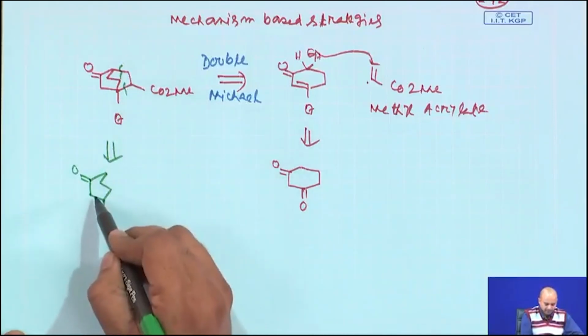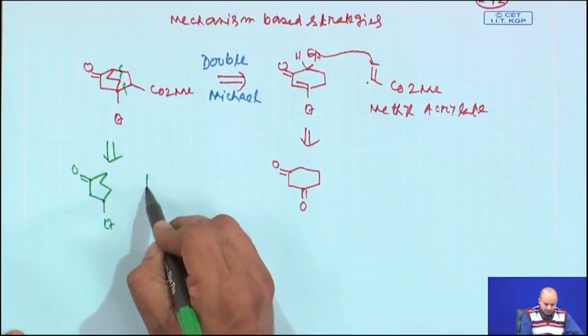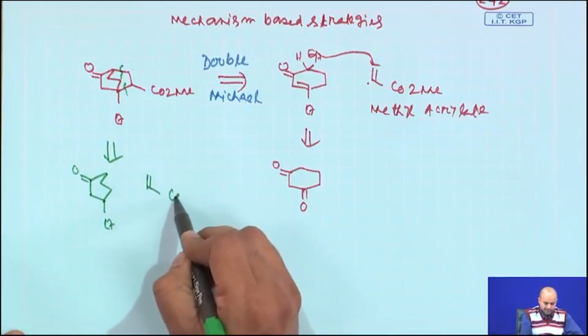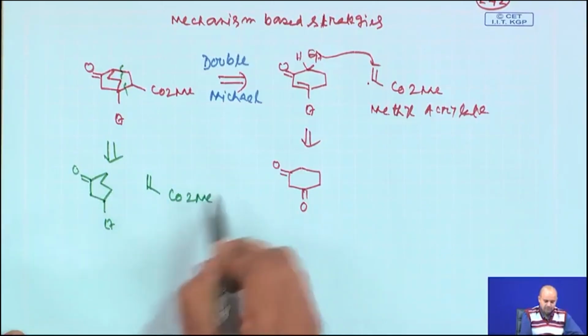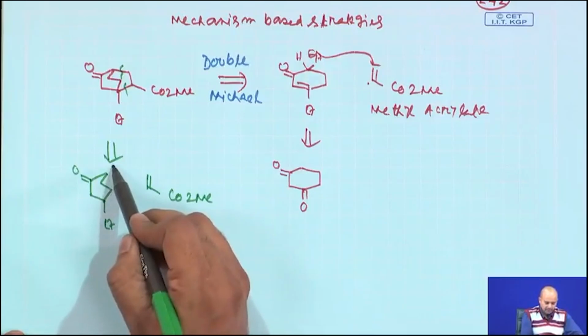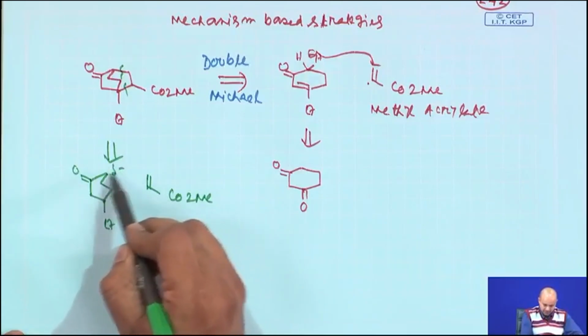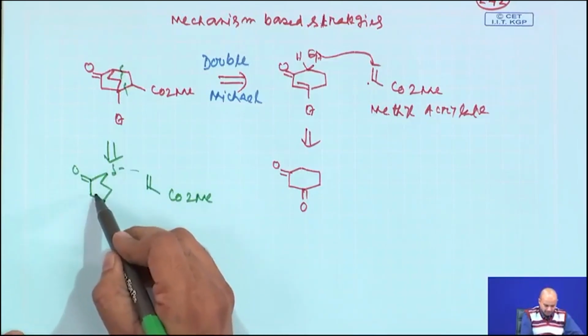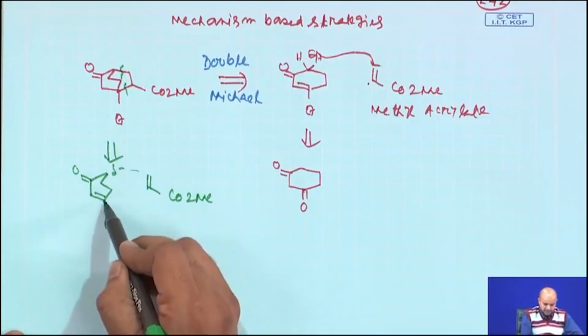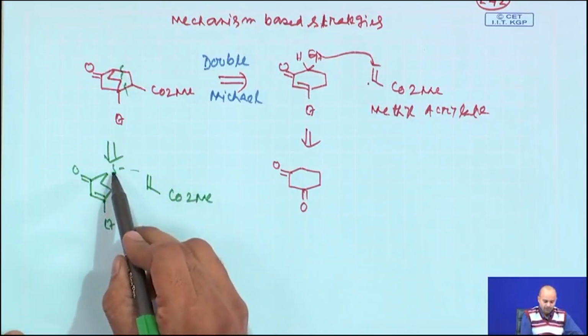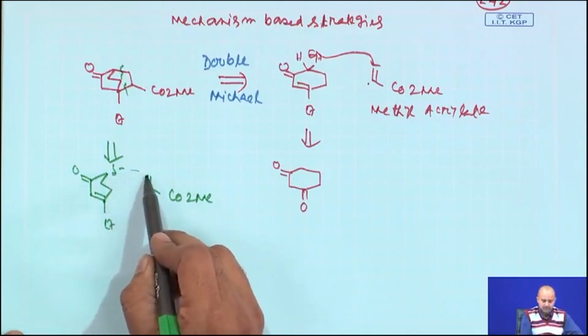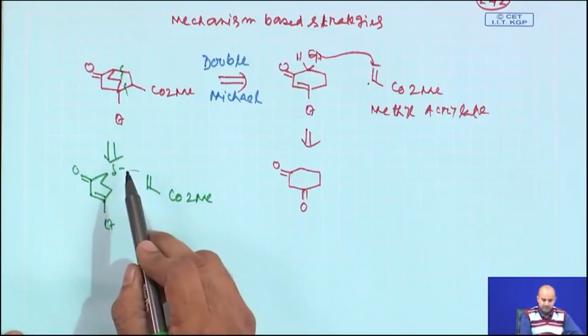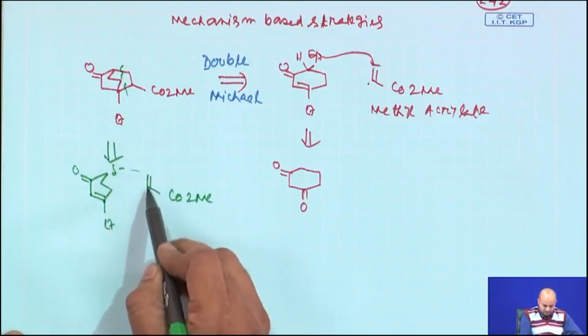So, now we put this Michael acceptor. Here you have a delta minus, which can be easily generated, and this part, if you put a double bond, is basically an electrophilic carbon now. So, once the first Michael starts, this minus will come here.